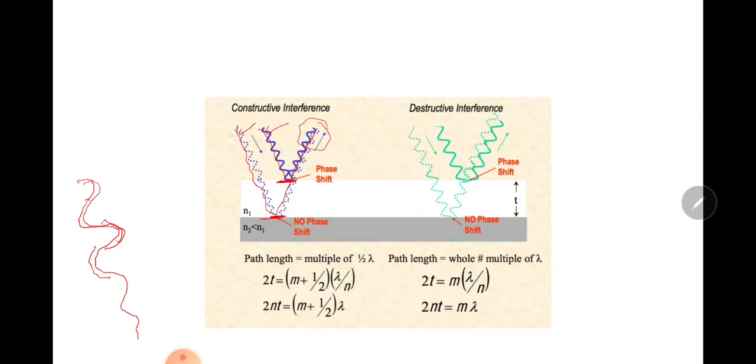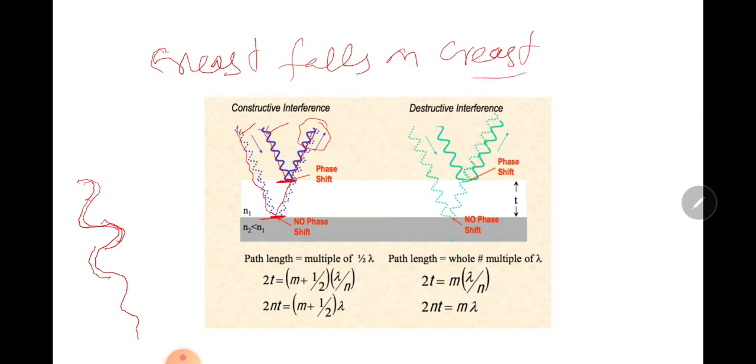If crest falls on crest, and trough falls on trough, they will interfere either constructively or destructively. If crest falls on crest, like in this example, it will interfere constructively.